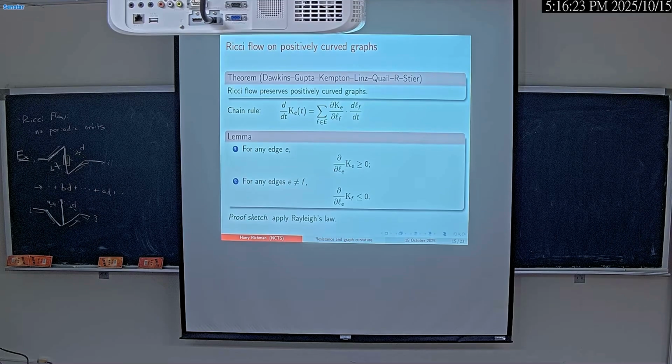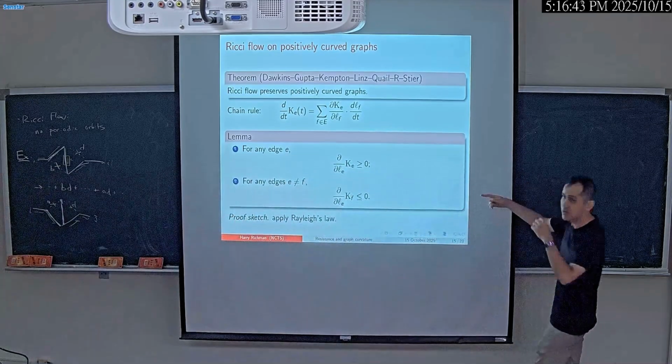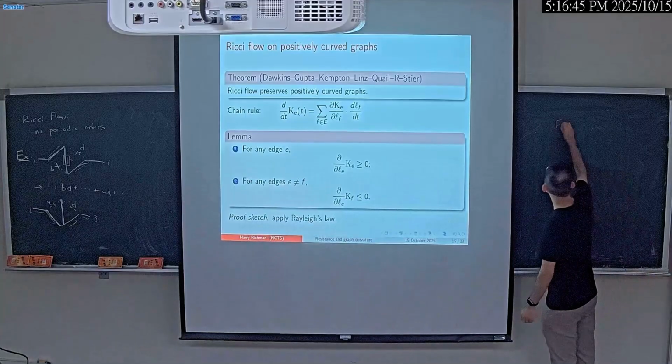I don't know if there's a complete classification, but I do know that one case where this holds is for trees. So on a tree, the curvatures don't change under Ricci flow.